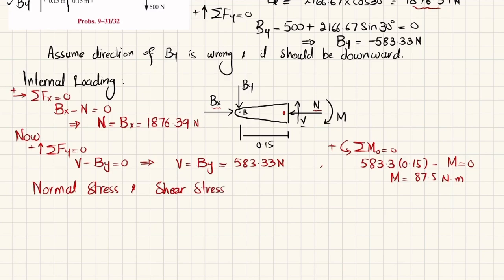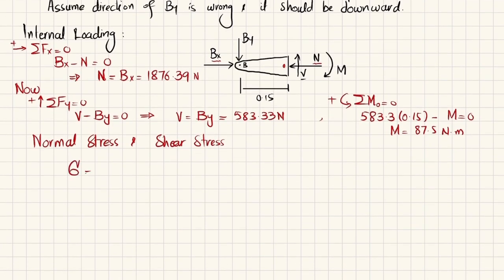So normal stress, which is represented as sigma, will be the combination of the normal stress due to this compressive load, which will be equal to minus N by A, plus the effect of the moment due to By, which will bend it like this.